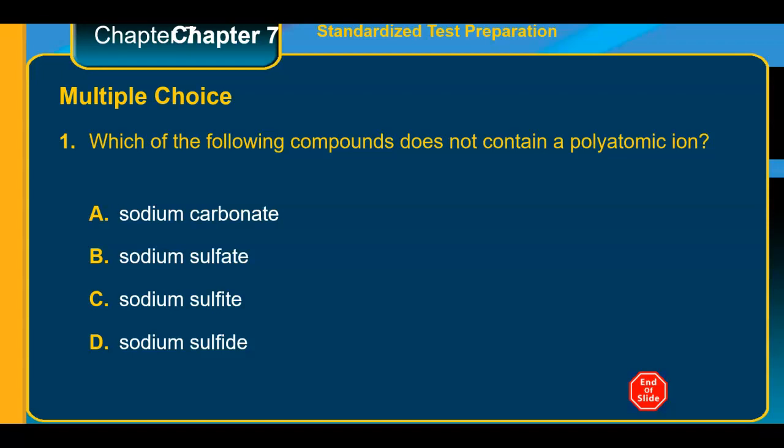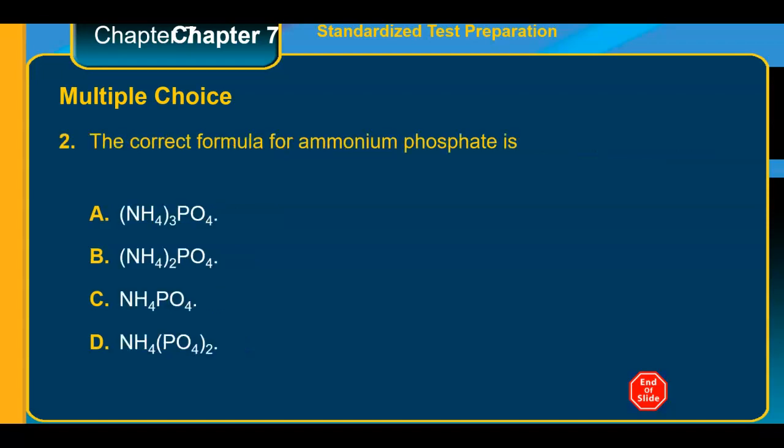So that was a lot jammed into this 25 minutes, but I have a couple questions for you. Which compound here does not contain a polyatomic ion? See if you can figure out which of those does not have a polyatomic ion. And also, can you give me the correct formula for ammonium phosphate?